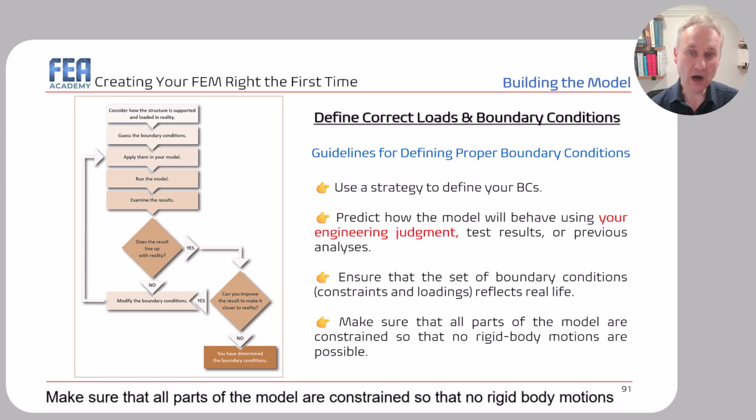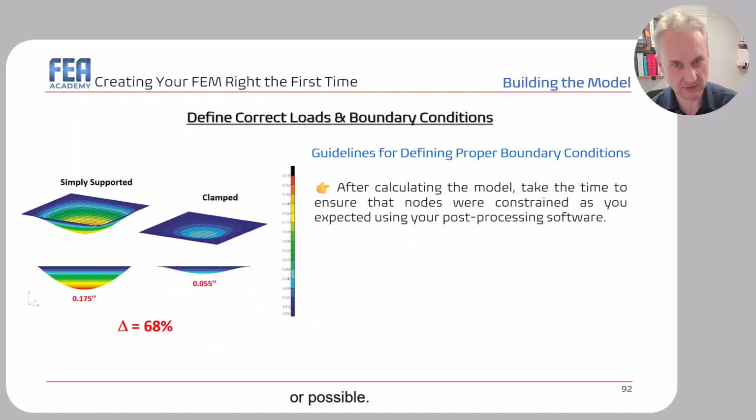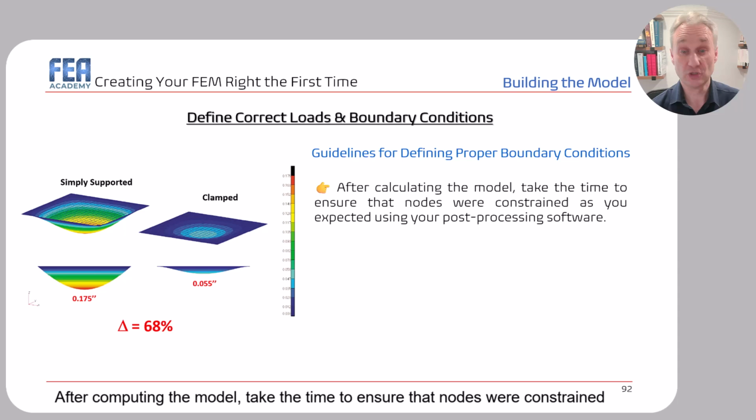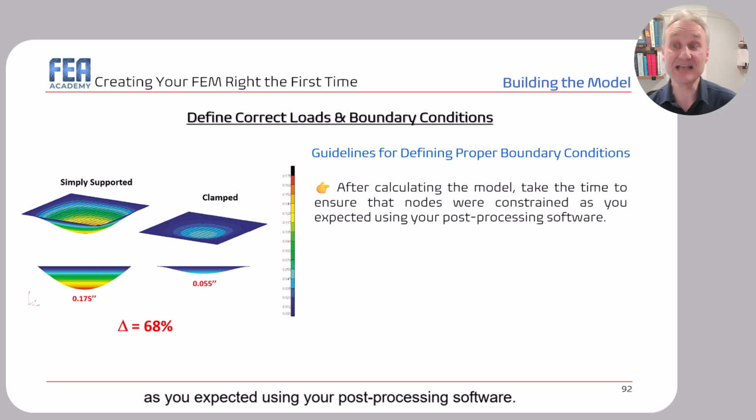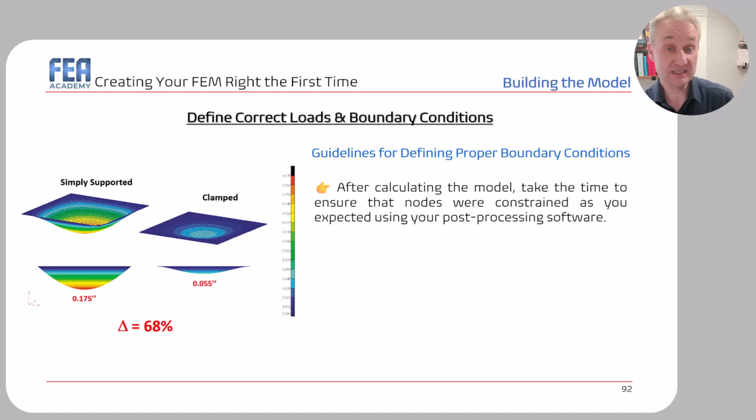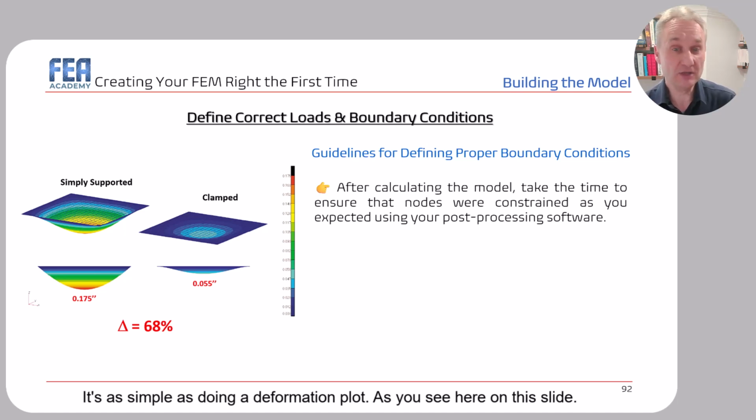Make sure that all parts of the model are constrained so that no rigid body motions are possible. After computing the model, take the time to ensure that nodes were constrained as you expected using your post-processing software. It's as simple as doing a deformation plot, as you see here on this slide.